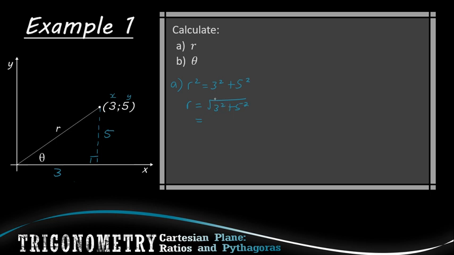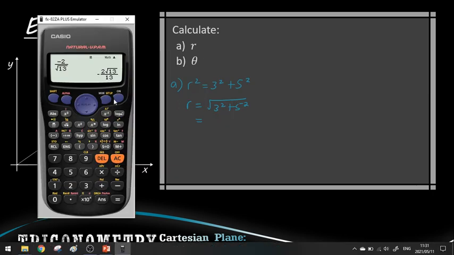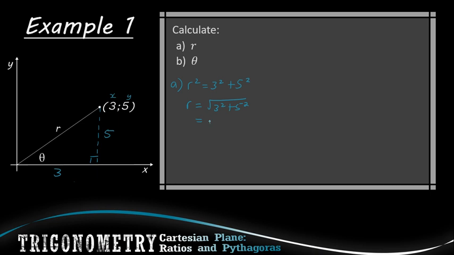We can just use the calculator there, and that gives us the square root of 34. So r's value is the square root of 34.